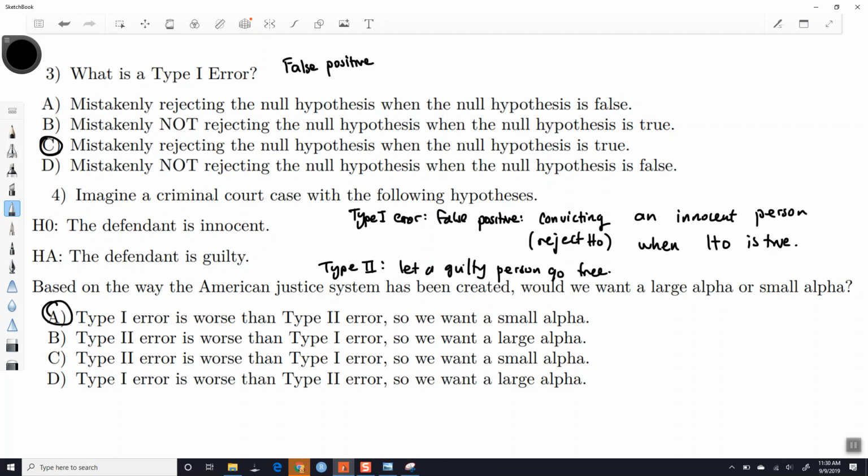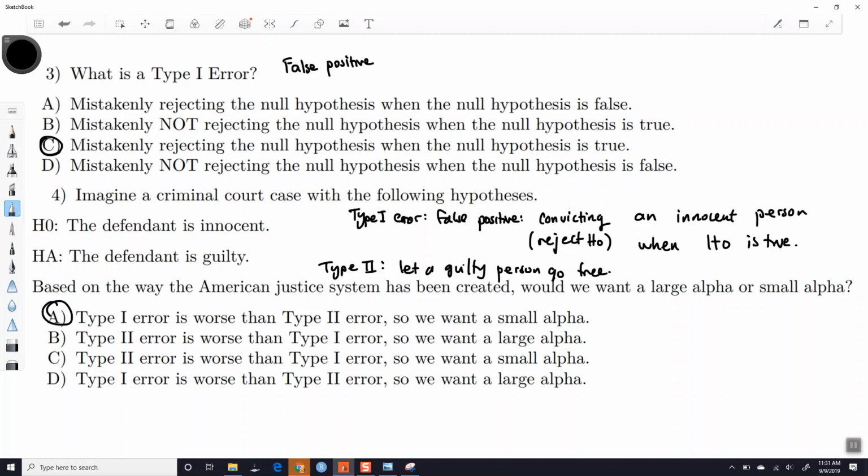What is the only way the judge can avoid convicting an innocent person again? The only way is by never convicting another person ever. The judge can say, I'm basically going to reduce my alpha to 0, so I will never make a type 1 error.